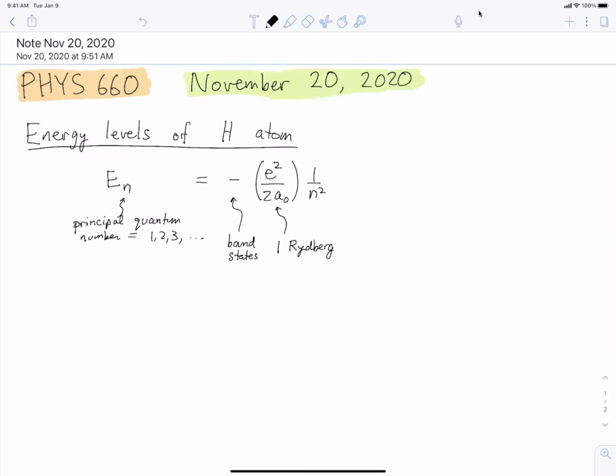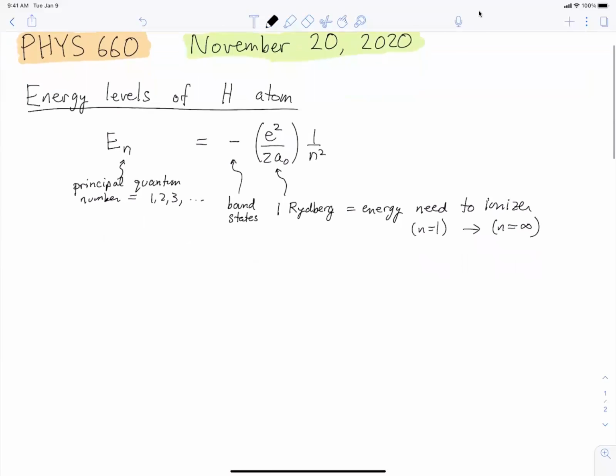That's the amount of energy needed to ionize from the ground state to an unbound state, so n equals 1 to n equals infinity. And the 1 over n squared factor, that's again the principal quantum number.